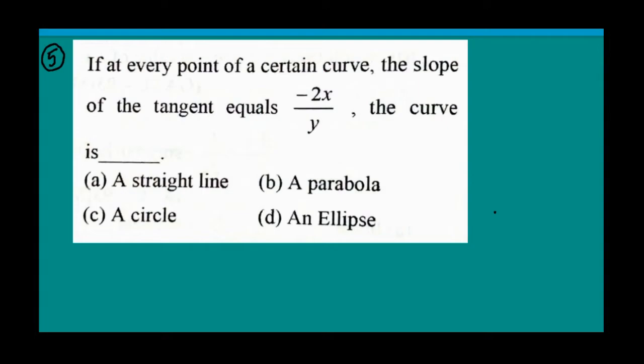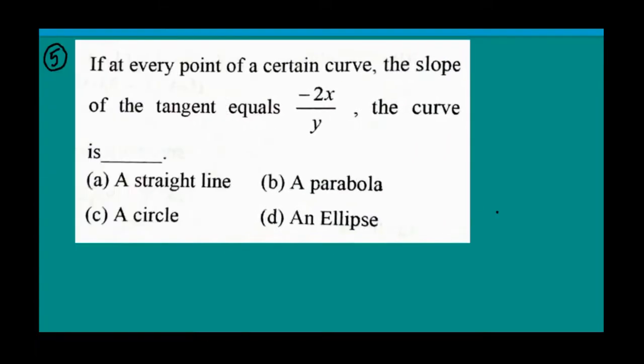if at every point of a certain curve the slope of the tangent equals minus 2x by y, the curve is dash. So how can it be solved? It is given that at every point on the certain curve the slope of the tangent is equal to this one.